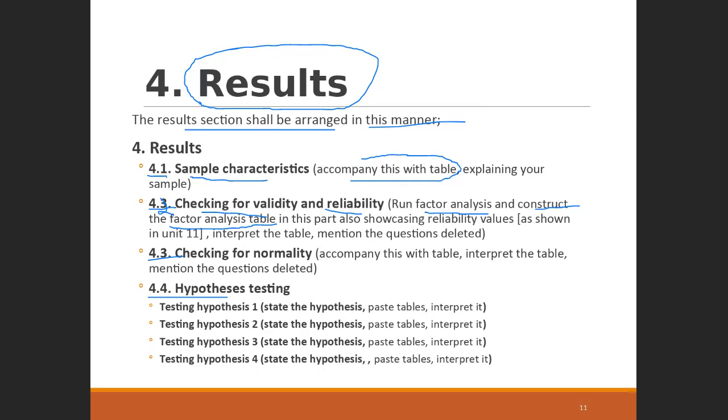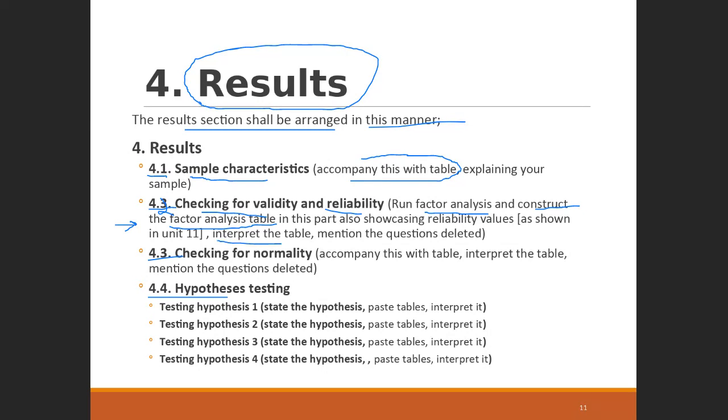It contains information about the factor loadings, the reliability, the variance, and the questions in your questionnaire. So please follow that table while attempting this particular section, the 4.2 section of your results.